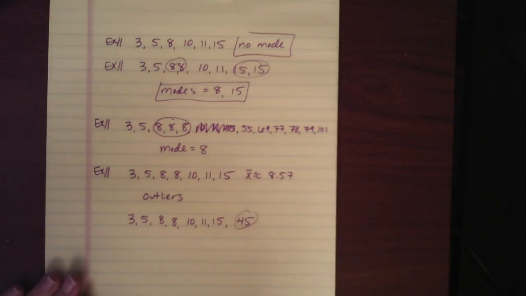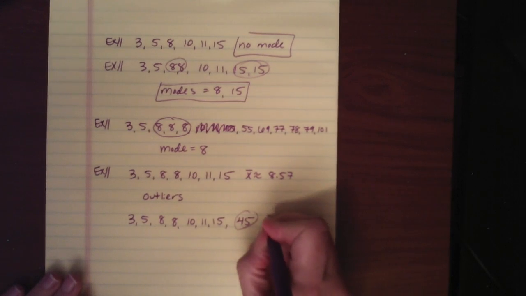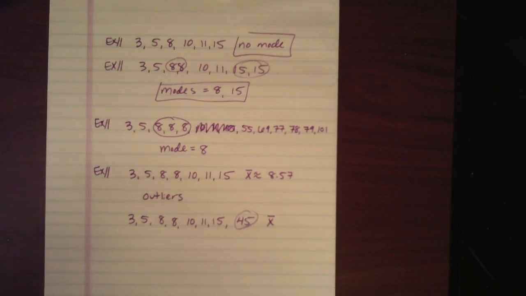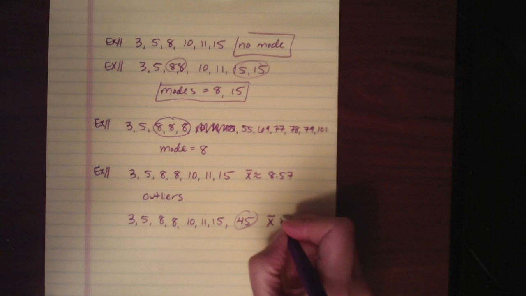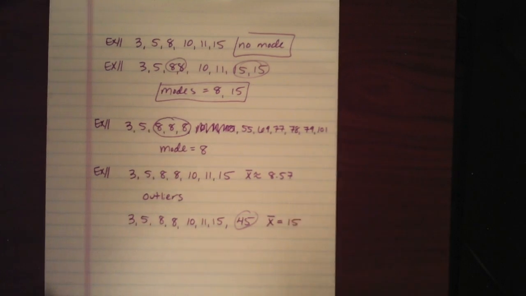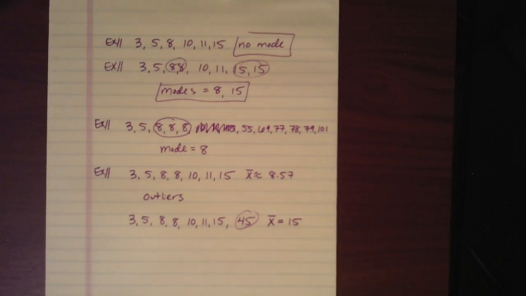By adding in this one piece of data, let's see what effect that has on the mean. If I add them all together, 3, 5, 8, 8, 10, 11, 15, and 45, I get 105. And if I divide 105 by 7, I get 15. Okay, so when we have this set of data with the 45 included, our mean jumps up to 15.